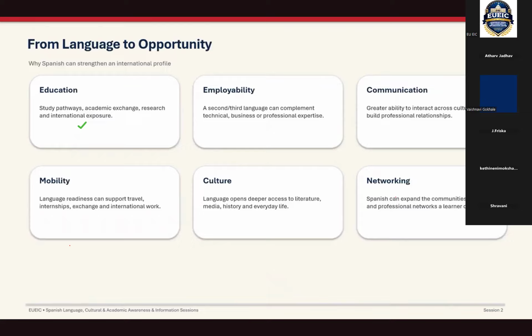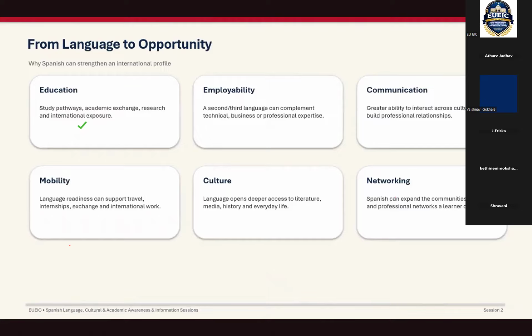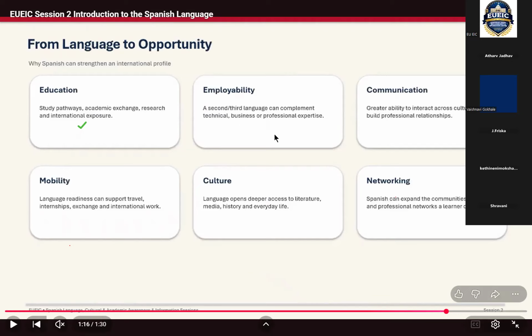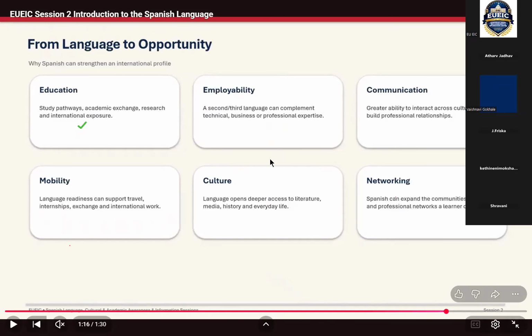Because you get an advantage that, okay, this person has really good knowledge of a different language, which is necessary for our organization. So for education purposes, which is academic exchange, you'll have a lot of research and international exposure as well. Employability also, yes, you will have a very strong profile, because like I said, a second and third language complements a lot of business and technical aspects of it.